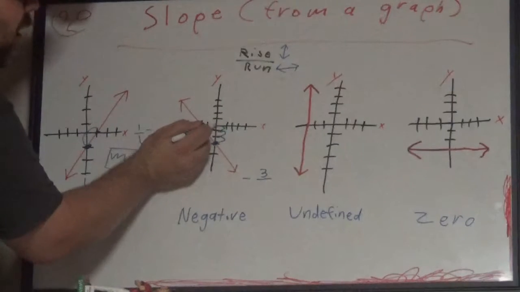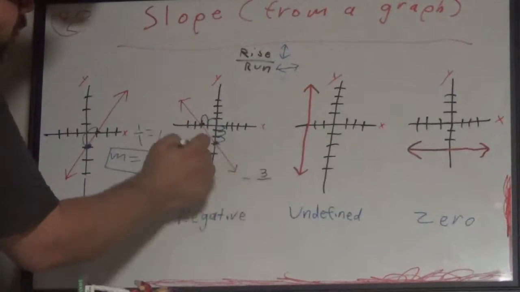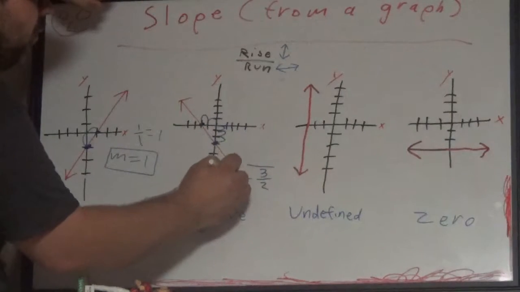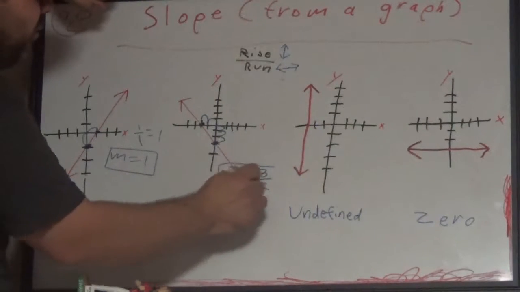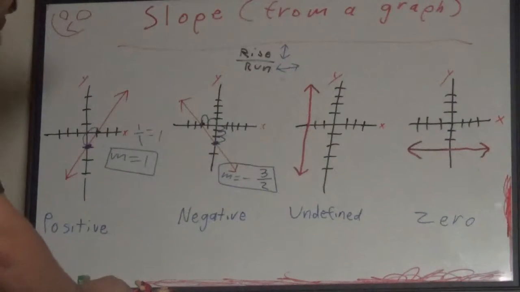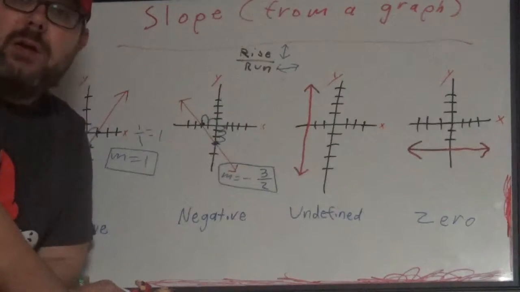Now we're going to count the run. We're going to go left and right. I'm going to go over 1 unit and over 2 units. And I'm here. So negative 3 over 2. M equals negative 3 over 2. That's it. 3 over 2 cannot be simplified. Now you might look at it and say, well, you could call that negative 1.5.